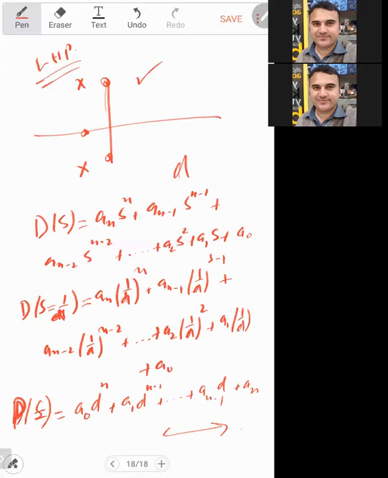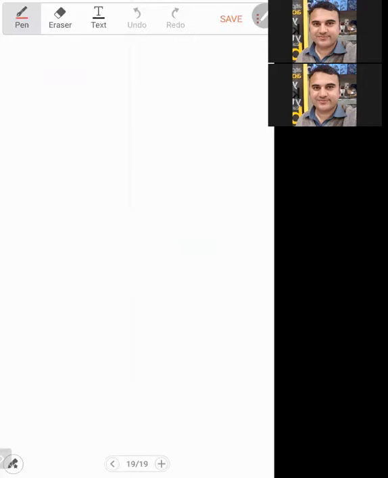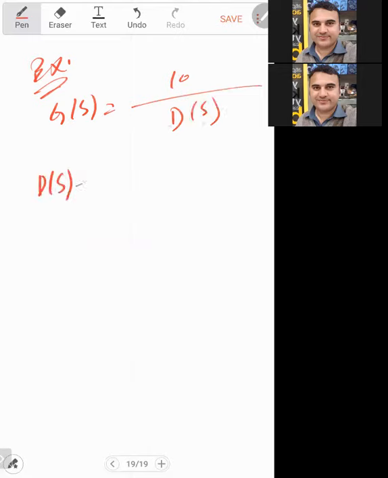So this means that in the previous example, we state that g of s is equal to 10 divided by the denominator polynomial, and the denominator polynomial is equal to s power 5 plus 2 s power 4 plus 3 s cubed plus 6 s squared plus 5 s plus 3.